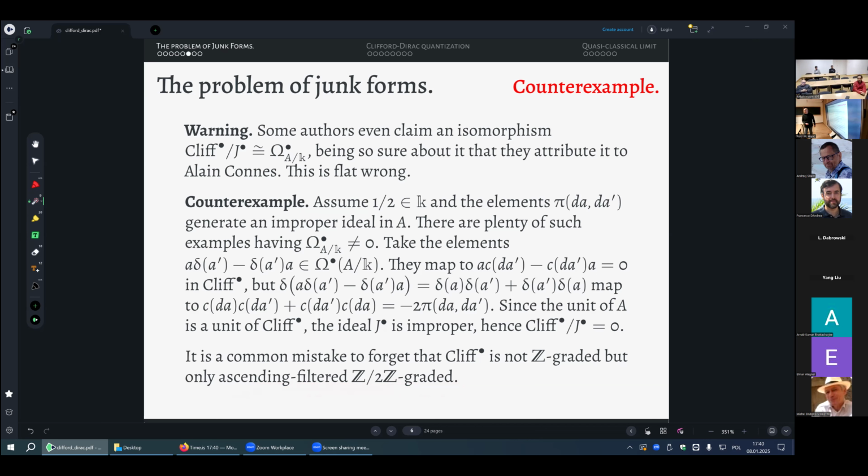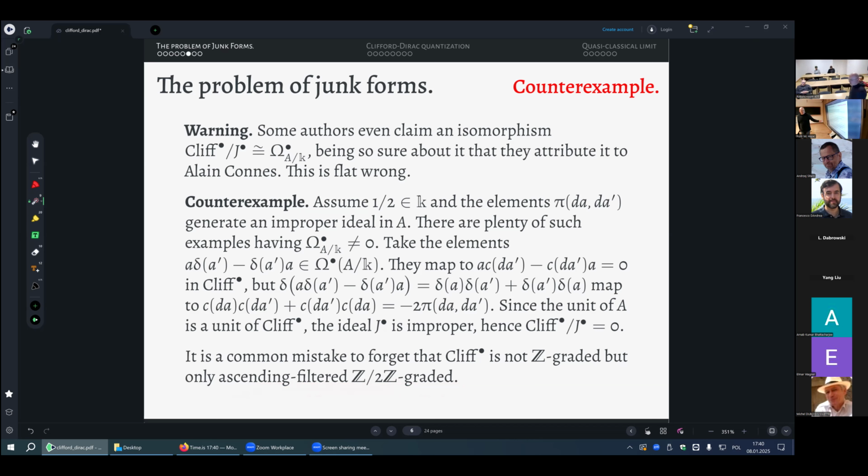It's a Z graded differential graded algebra. And the problem between these different gradings is the origin of the problem, right? Yes, this is the core of the problem.